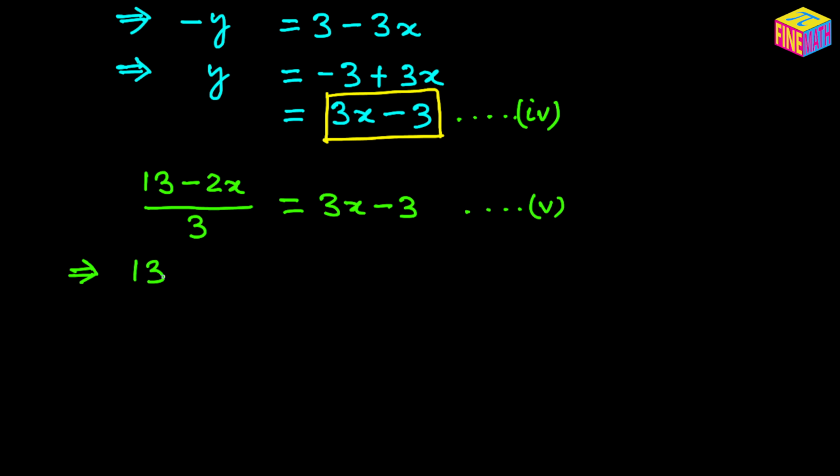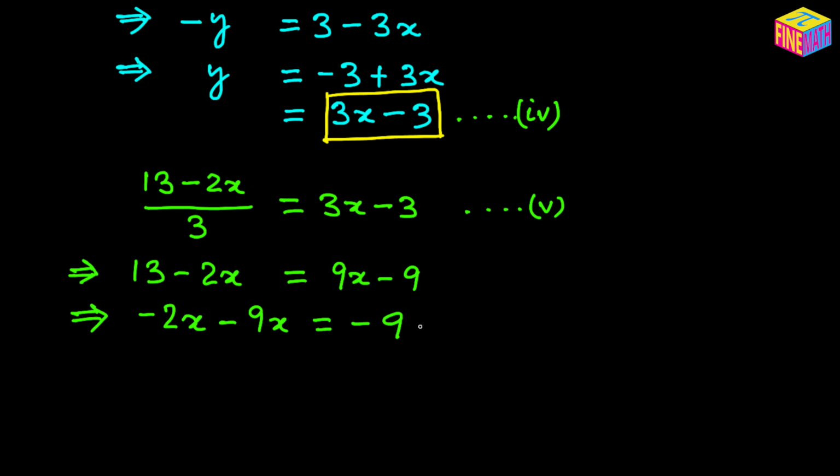So this becomes 13 minus 2x, and on this side it becomes 9x minus 9, right? Let's keep that negative 2x on this side, and bring the positive 9x to the left hand side. That becomes negative 9x is equal to, we have negative 9 on the right hand side, and we get the positive 13, which becomes negative 13 when we bring it to the right hand side.